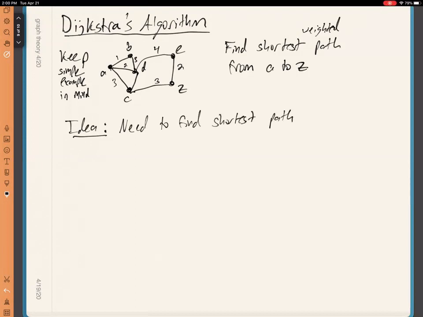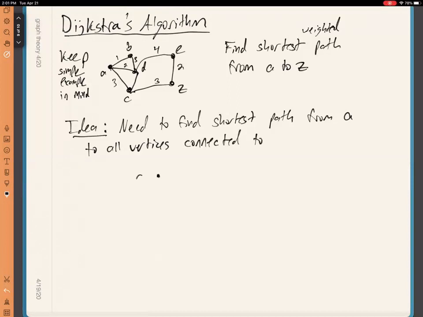At some point along the way, you would have had to find the shortest path from A to some vertex which is connected to Z. So in particular, if you're going to solve this problem in general, you need to find the shortest path from A to all vertices which are connected to Z. And then among those paths, find the one which is actually the smallest.